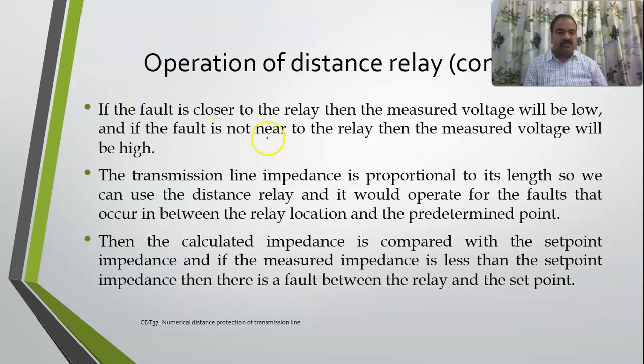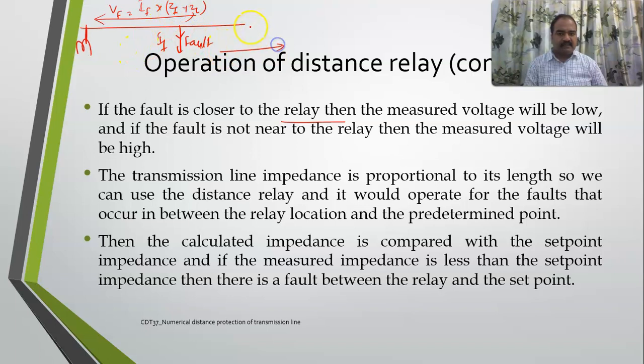If the fault is closer to the relay, then the measured voltage will be very low. As already mentioned, let us suppose this is your transmission line. This is your CT which you are measuring here, this is the fault, and this is the current which is flowing. So VF is equal to IF into Z, where Z is the impedance of the length of the transmission line concerned.